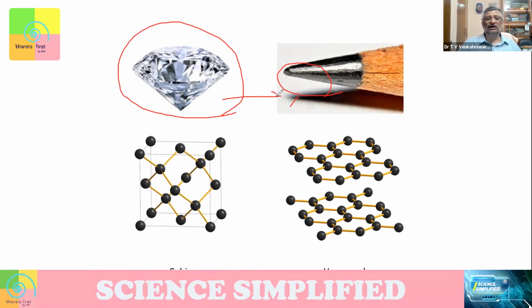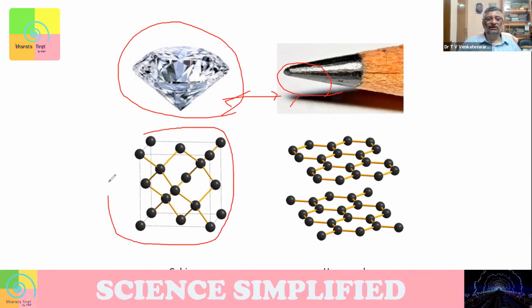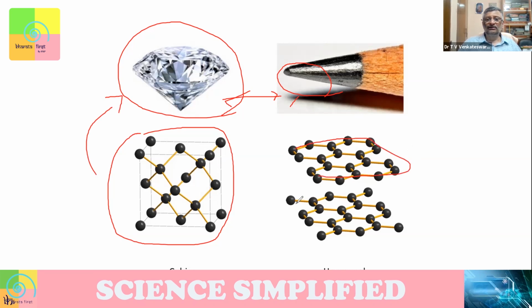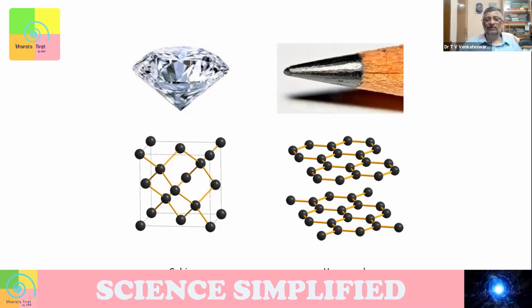Both are nothing but carbon. When you arrange the carbon in a very ordered structure, you get diamond. If you arrange them as layers, sheet by sheet, then you get graphite. So these are two forms of carbon.